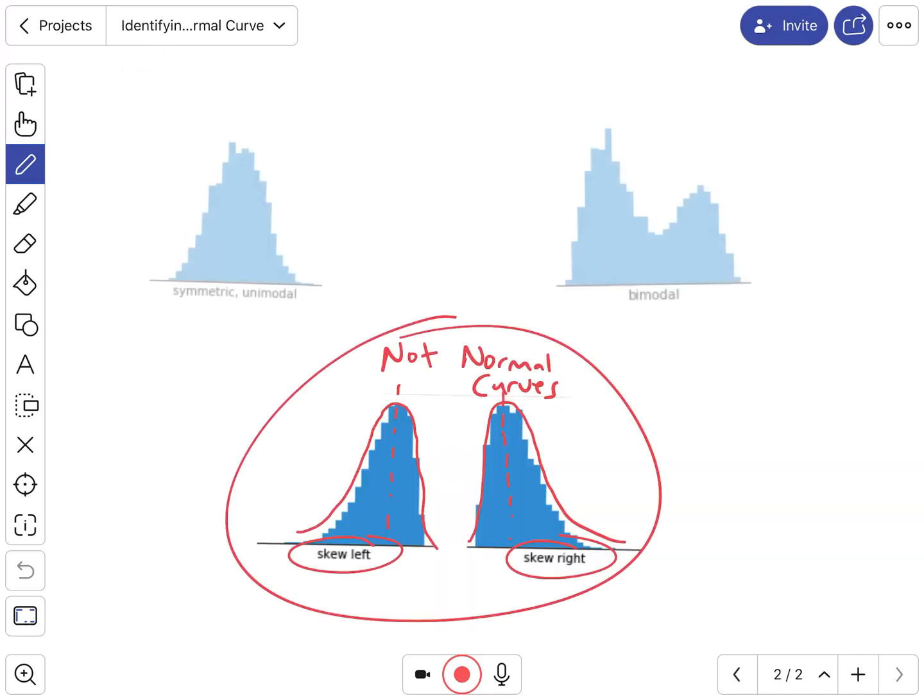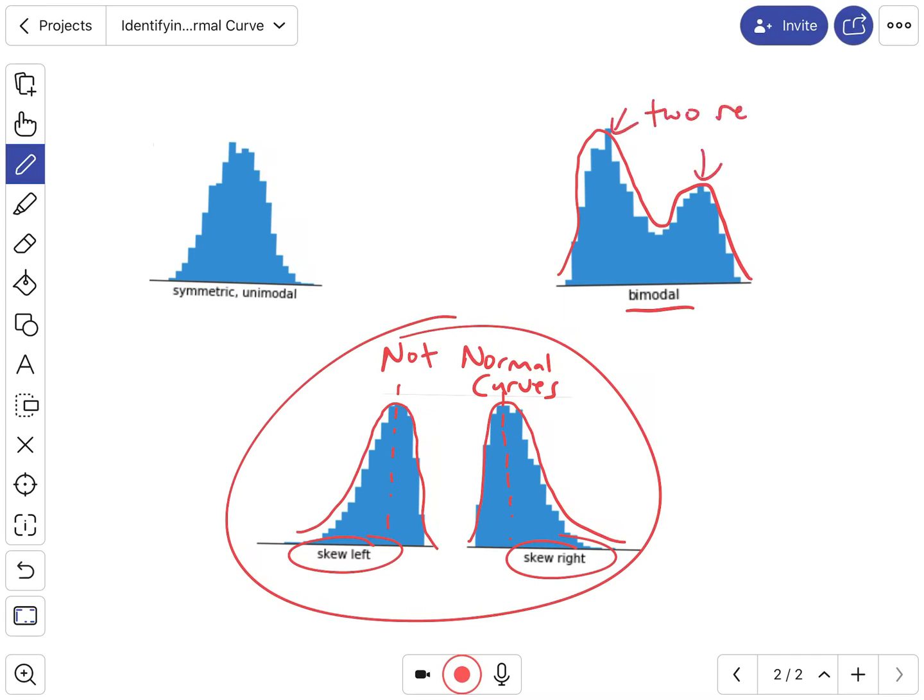Bimodal has basically two mountain peaks, two relative maximums. So this is not a normal curve.